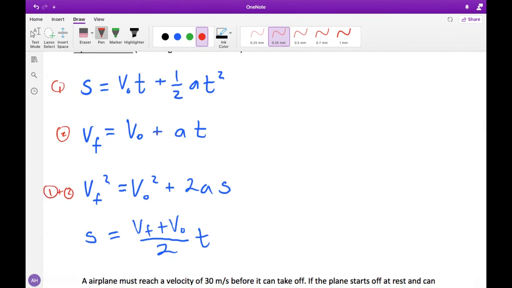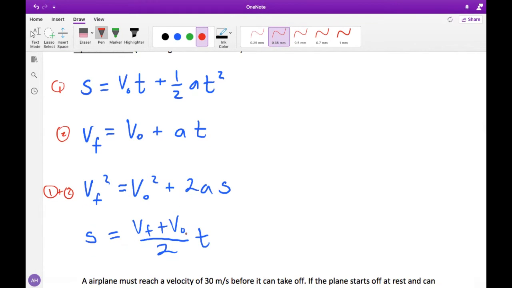So you take equation 2, solve for the time, and then plug that into equation 1 to give you an equation that is independent of time, because there's no variable for time in there.